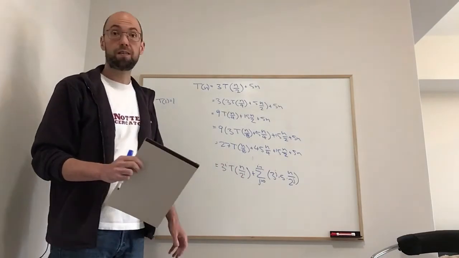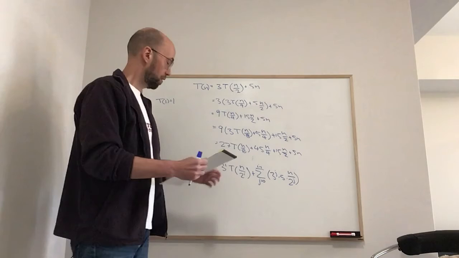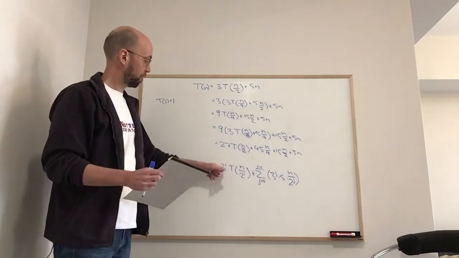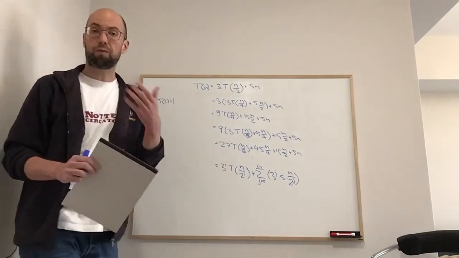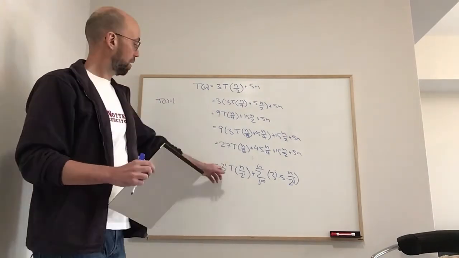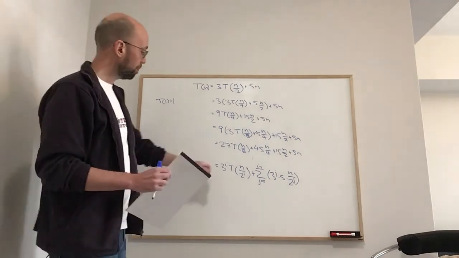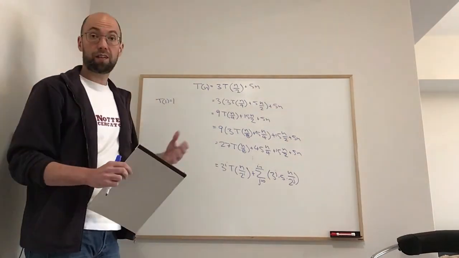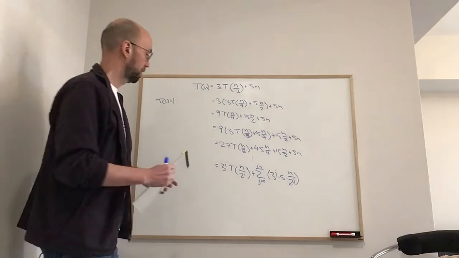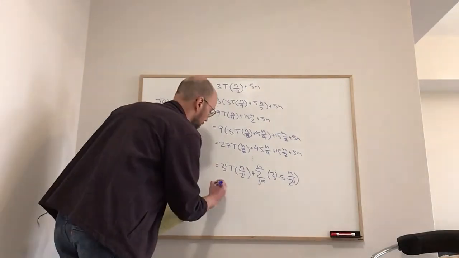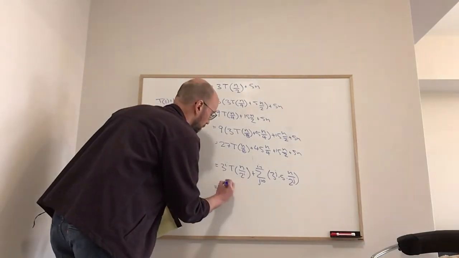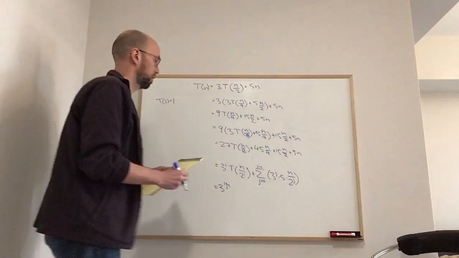About log n, log base 2 of n, which we write lg n. So this is going to be 3 to the lg n times 1. So this is 3 to the log n.